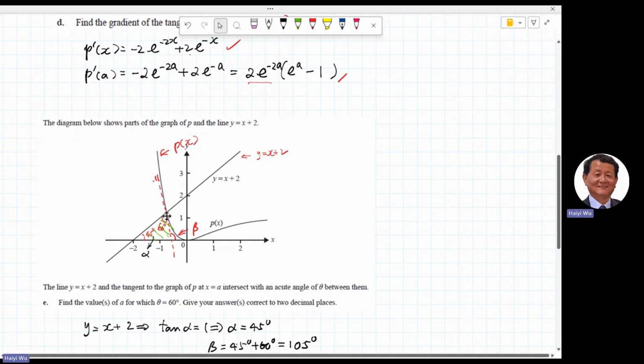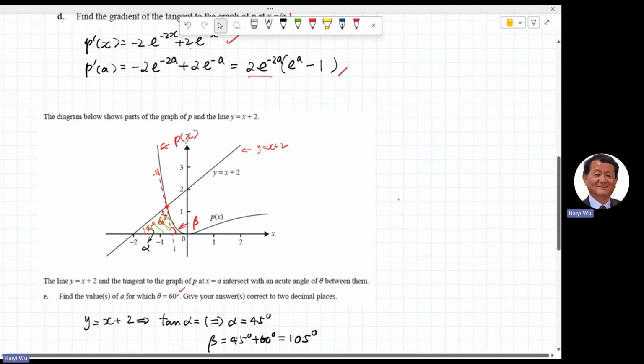The line and the tangent of the graph form an acute angle, and acute means less than 90 degrees. This angle is 60 degrees. We need to find the value of a.